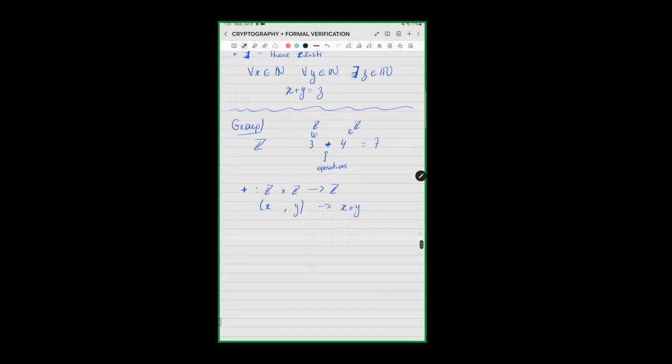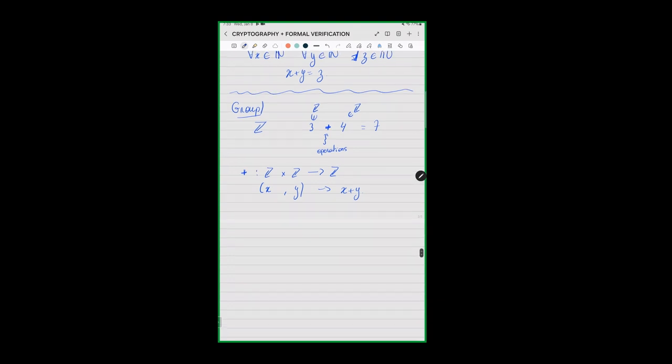And on the integers, you have some properties. Let's start first with the identity.